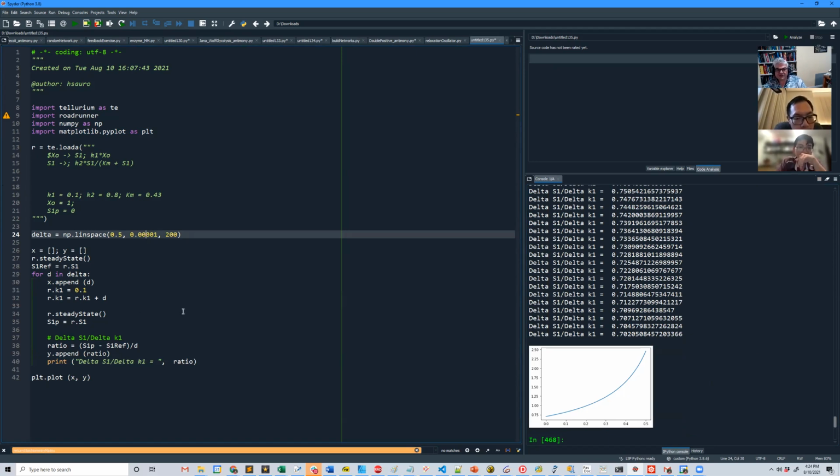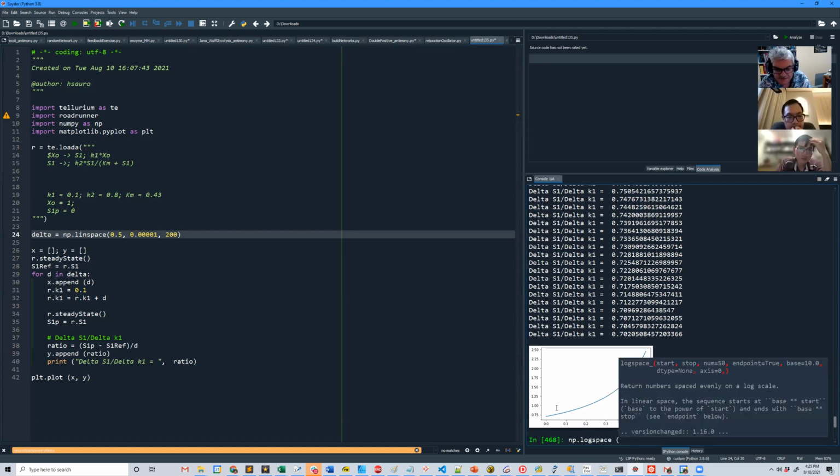distribution of delta, actually. How do I do a log? Let me see, go over here. Log linspace Python. How do I do that? Oh, logspace. Okay. So if I go np.logspace, and then it's start 0.05, 1e-6, 10.